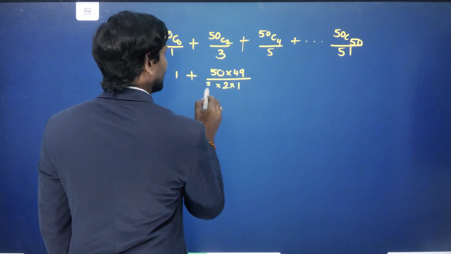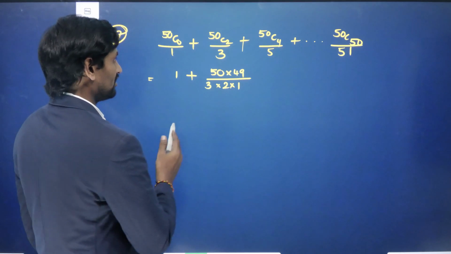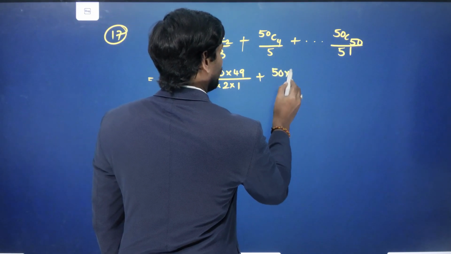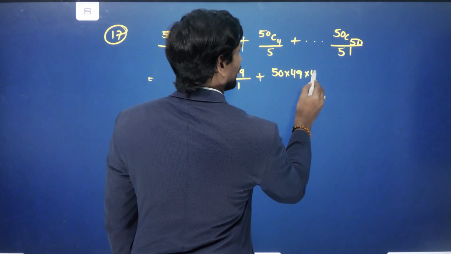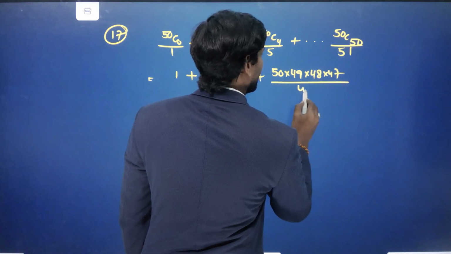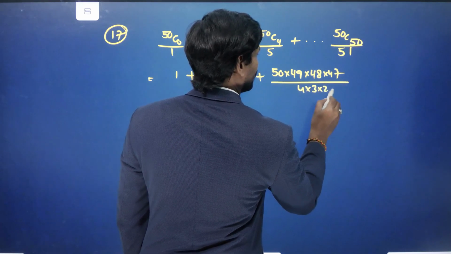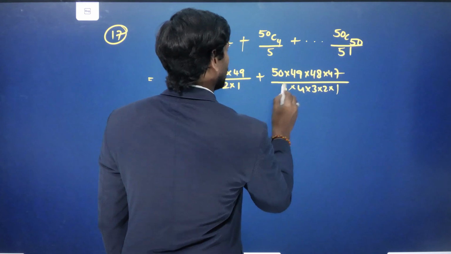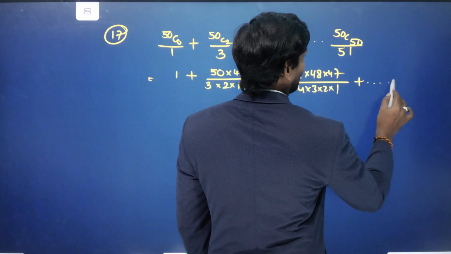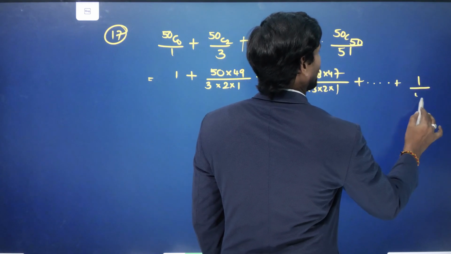Already denominator we have 3. Like this also we can write. Now this one 50C4 means 50 into 49 into 48 into 47. Up to 4 digits we should decrease, and denominator 4 into 3 into 2 into 1. So denominator already having 5. And so on, last one 50C50 is 1 by 51.